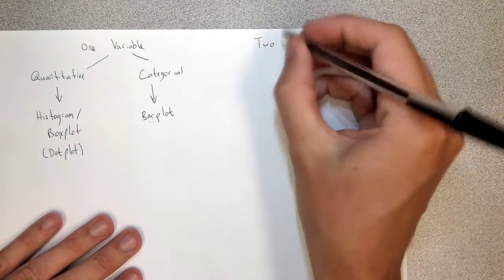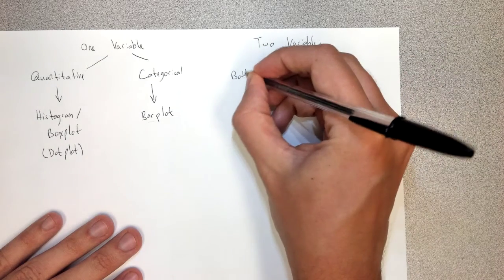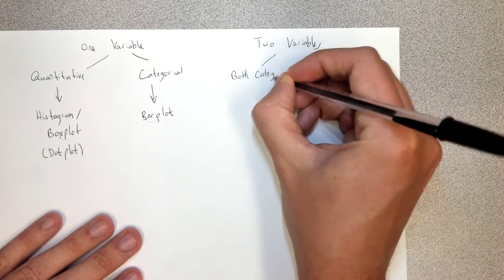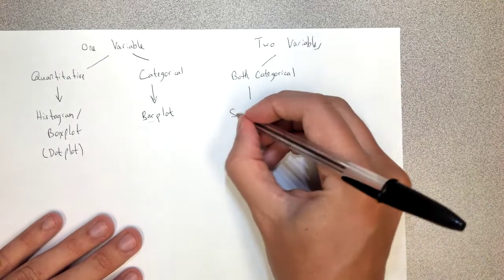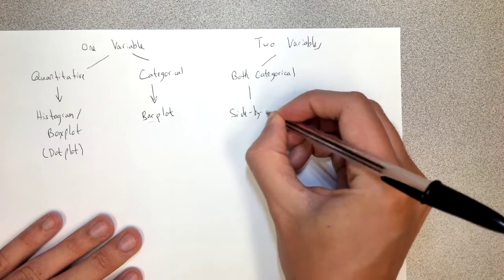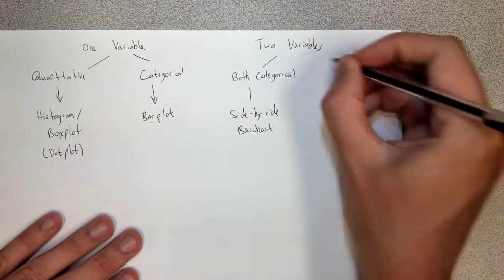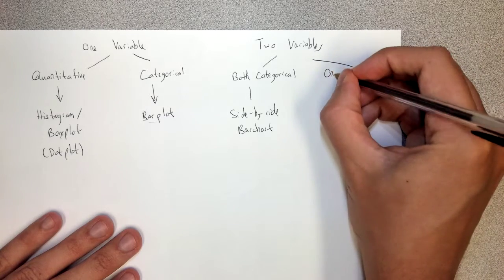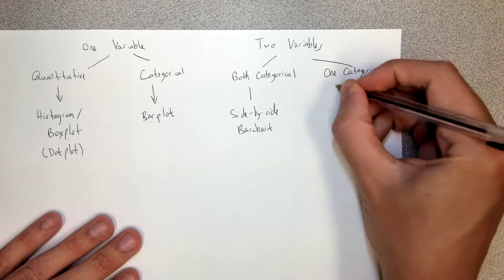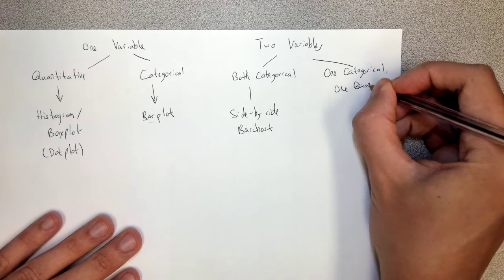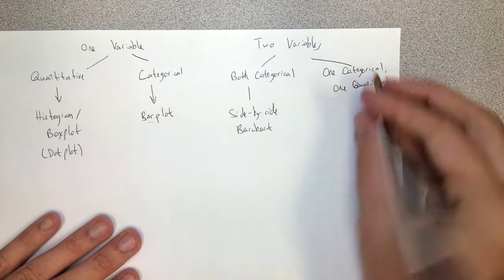All right, and then if we have two variables, if they're both categorical, then that's when we used our side-by-side bar chart. And if we had one categorical and one quantitative, that's what we just finished up with that teacher salary data.